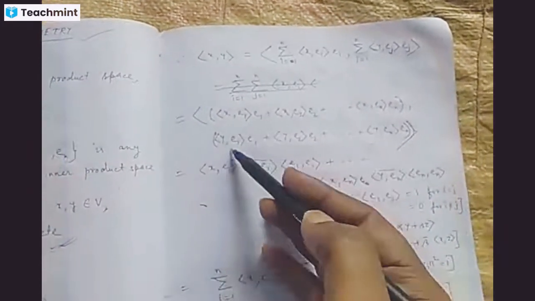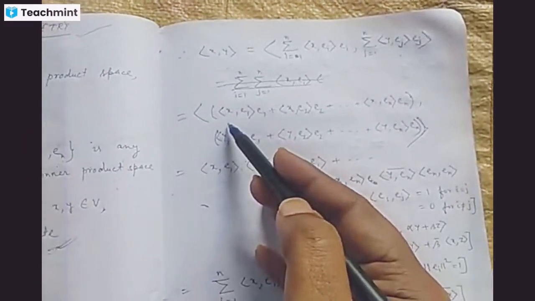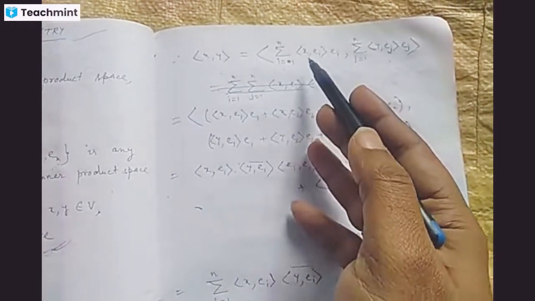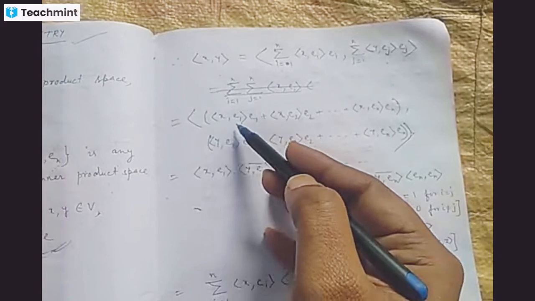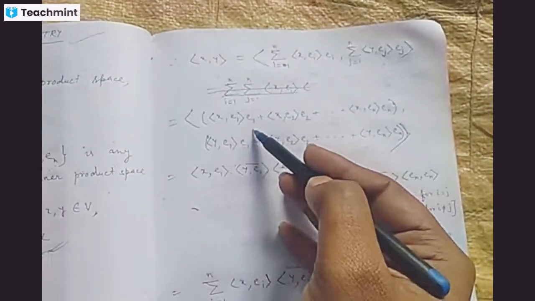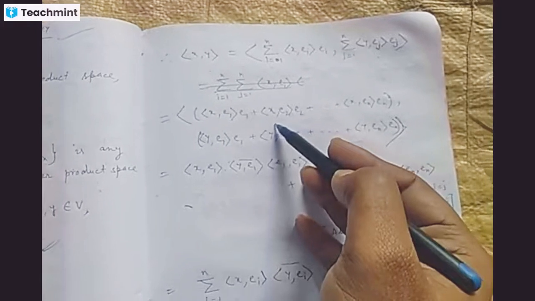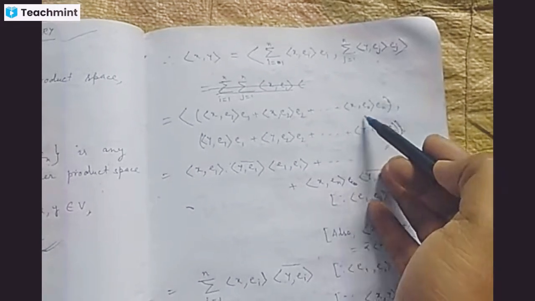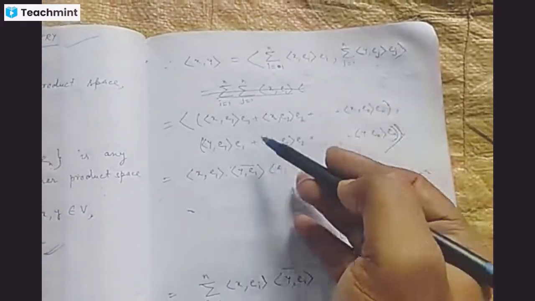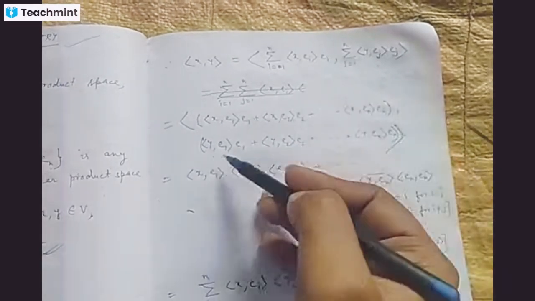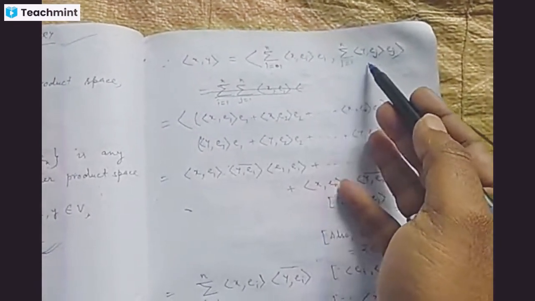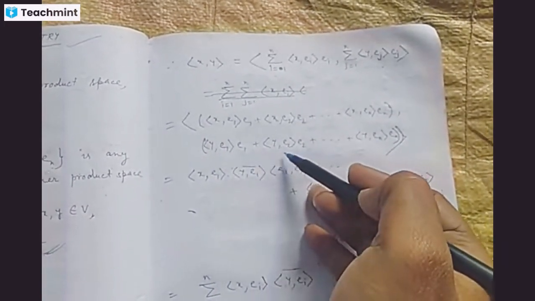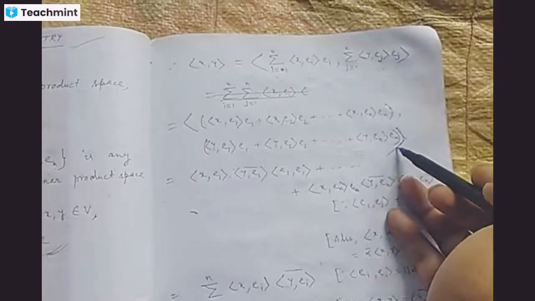Now if we expand this summation, it can be written as the inner product of x e1 plus the inner product of x e2, up to the inner product of x en, and then again the inner product with the second expansion, y e1 plus y e2, up to y en.